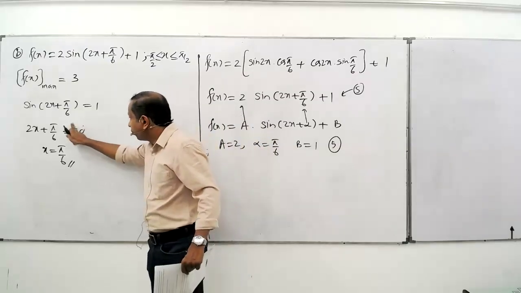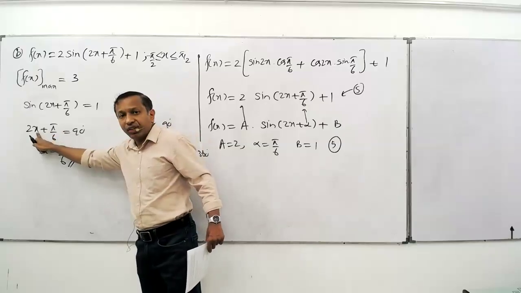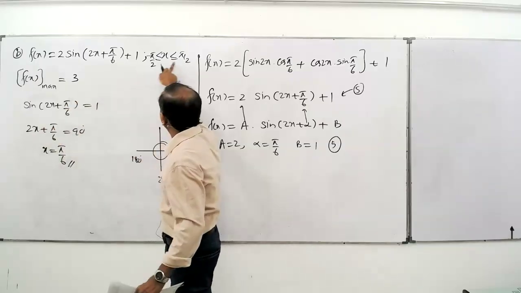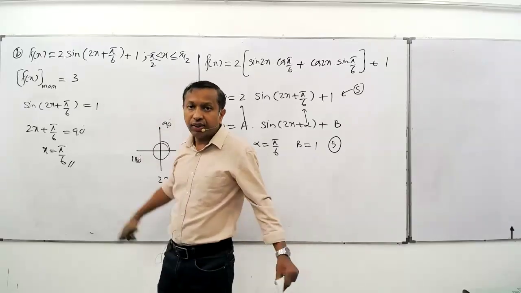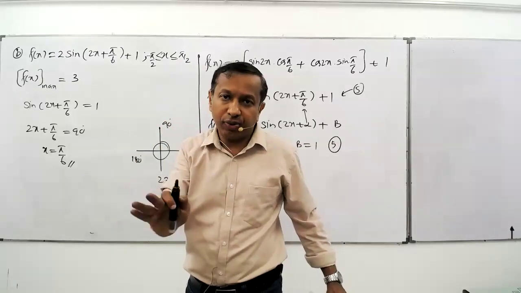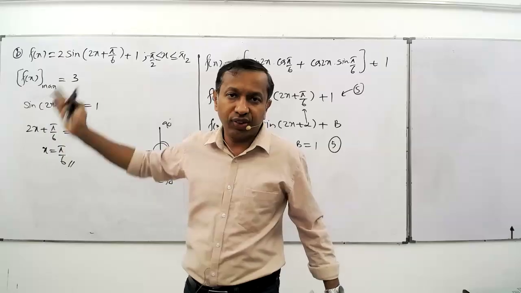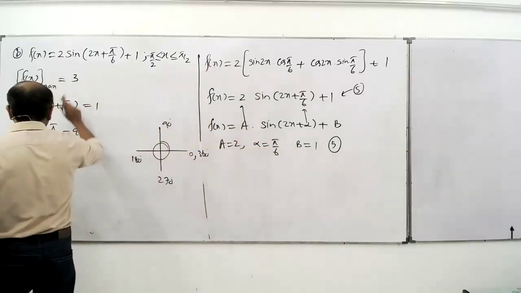Then secondly, we equate this to 450. When we calculate this x, you will see the x answer is out of this interval. We need to draw this graph in this interval. Therefore, we don't take that x answer. When we try to find some more angles, all those x values will be out of this interval. Therefore, this only. So f(x) max is this.